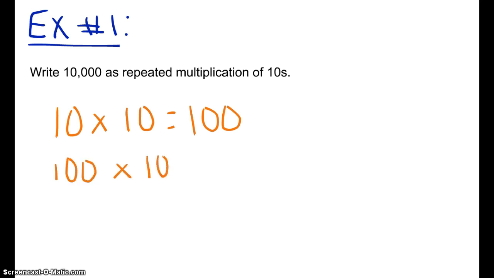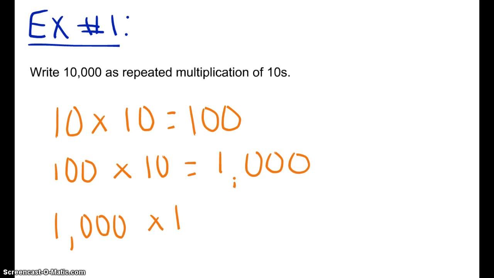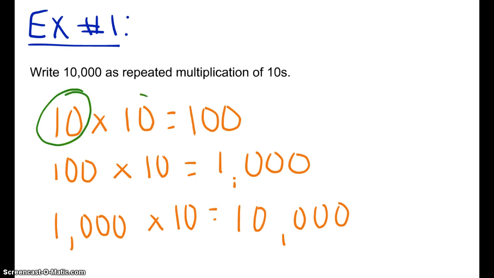We get 1,000. And if we multiply 1,000 by another 10, we get the number that we were looking for, which is 10,000. So I used 1, 2, 3, 4 tens.